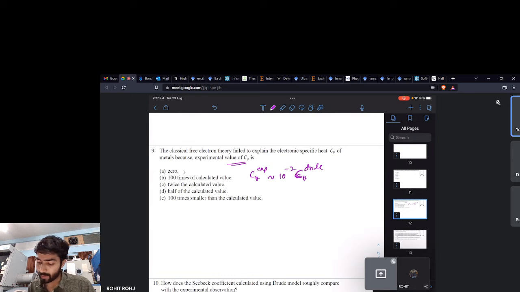So it's 10 to the power minus 2 times smaller than the calculated value, right?